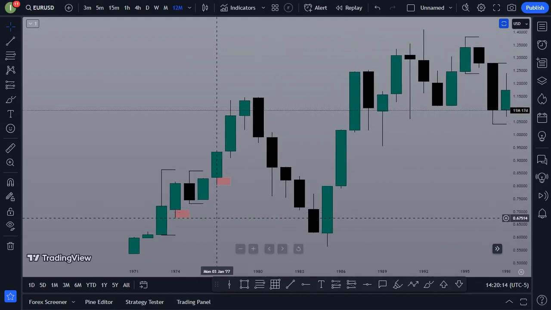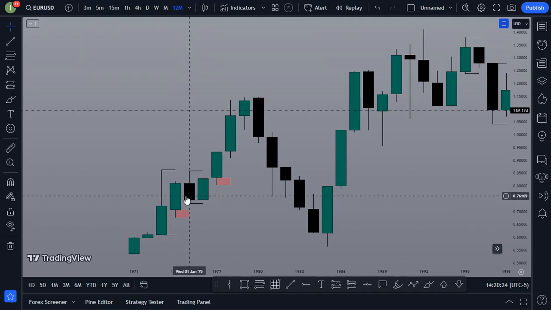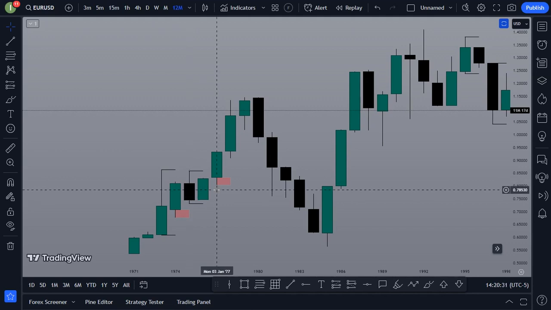The next one took out the high of it, and then it came and closed in, on the 1975 candle.